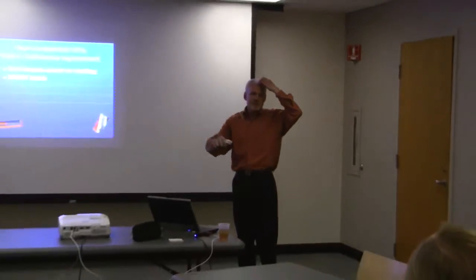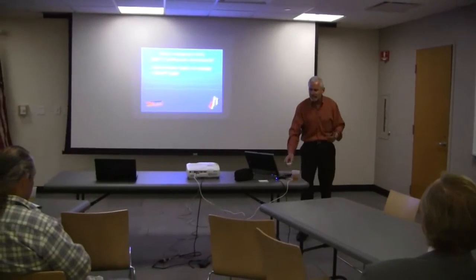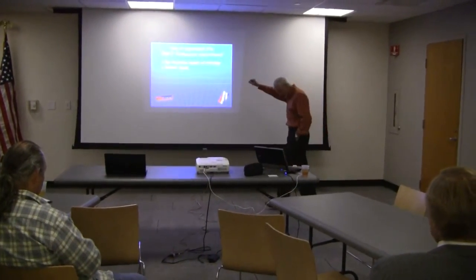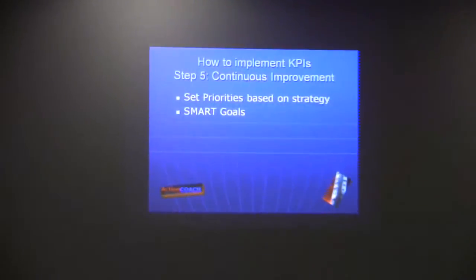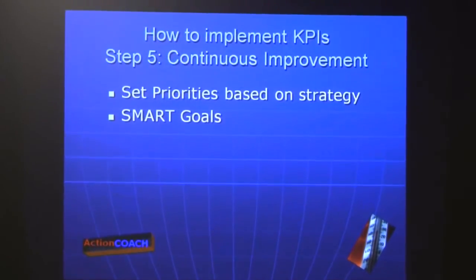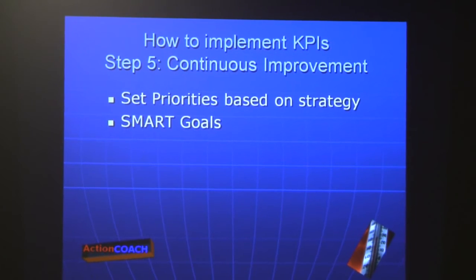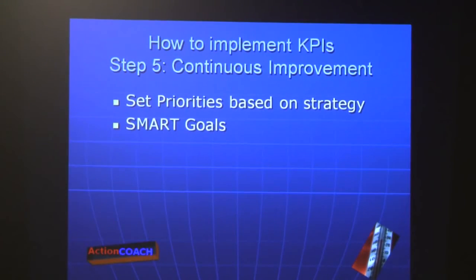Continuous improvement. Set priorities based on your strategy. SMART goals. Who's familiar with SMART goals? A SMART goal is a goal that if you articulate it across this acronym, it's going to be extremely clear. So a SMART goal is, number one, written to be specific. That's the S. A SMART goal is written such that you can measure it.